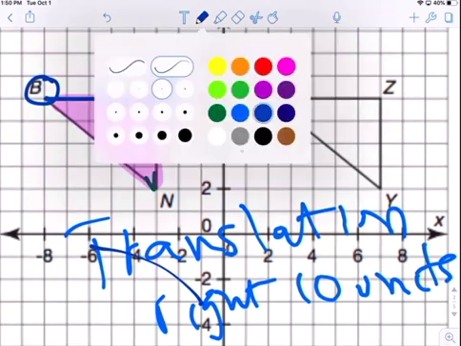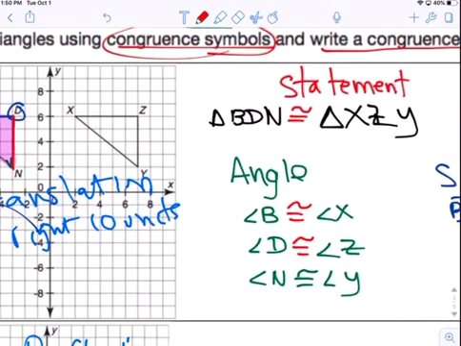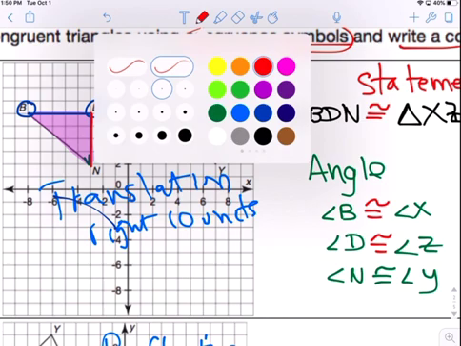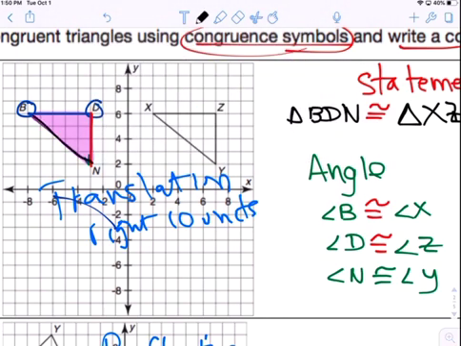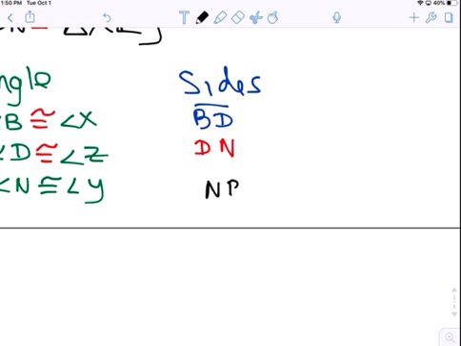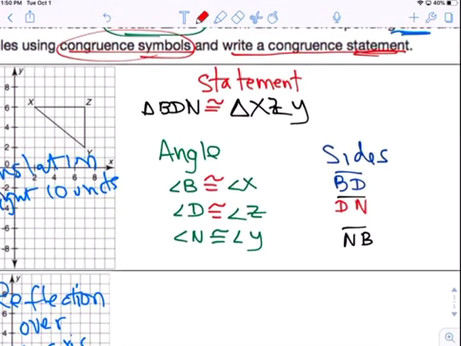The other side is D to N. And the last side to make that triangle is N to B. And they compare that to the other triangle, which is congruent.